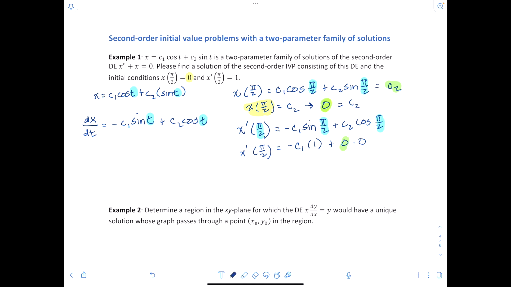So x prime at pi over 2 is just negative c1. But what was x prime at pi over 2? Perfect. X prime at pi over 2 was 1, which is equal to negative c1, so c1 is negative 1.